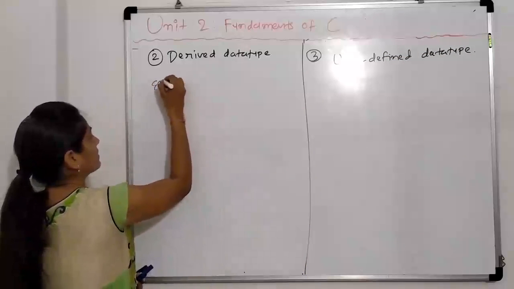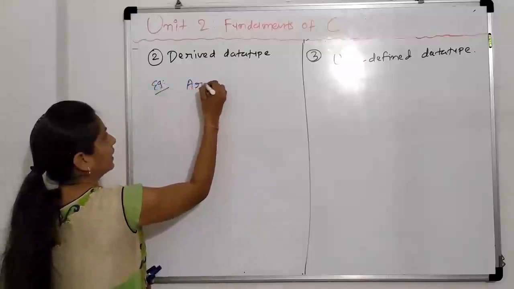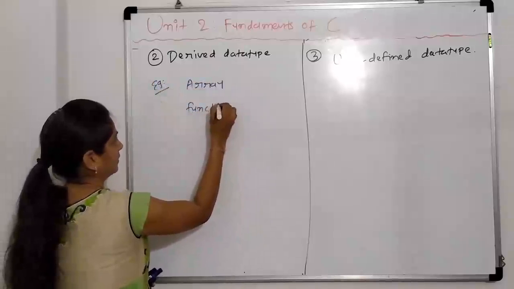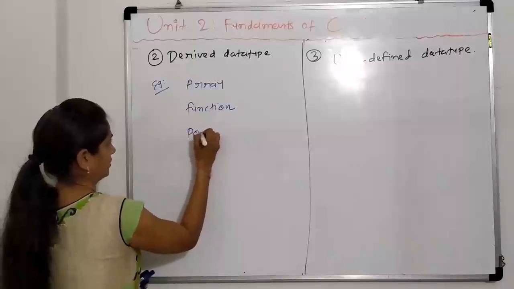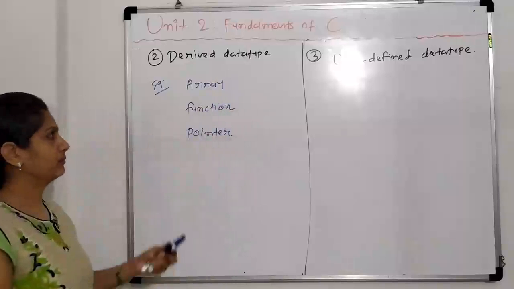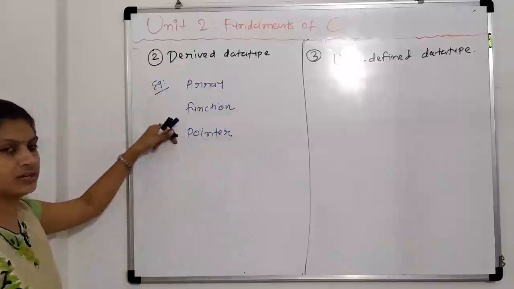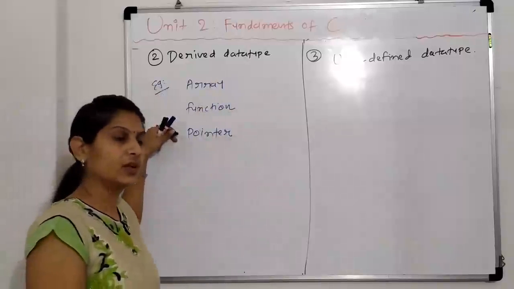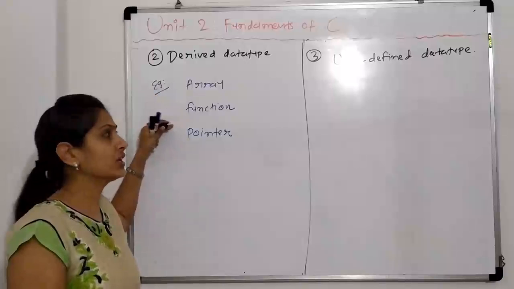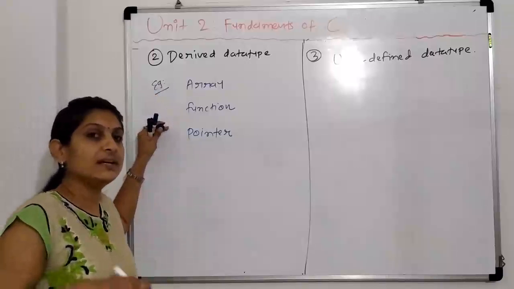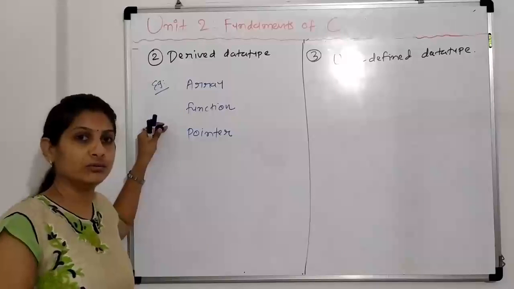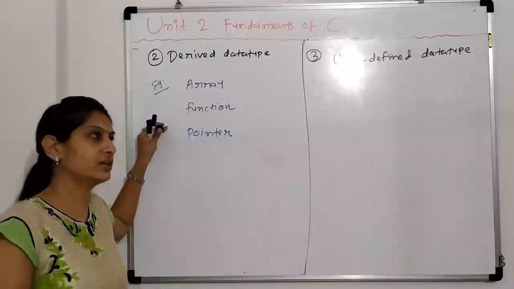Derived data type examples are array, then function, and then pointer. This whole name, array, function, pointer, is nothing but our chapters. So here we are only introducing the definition, what is array, what is function. We will discuss the details in our chapter later on.